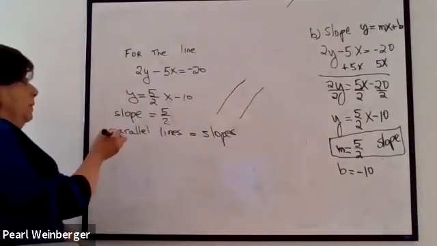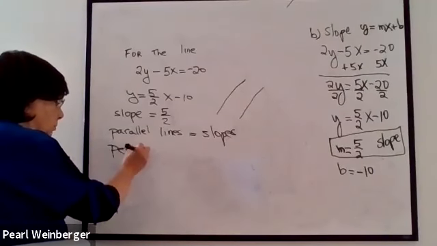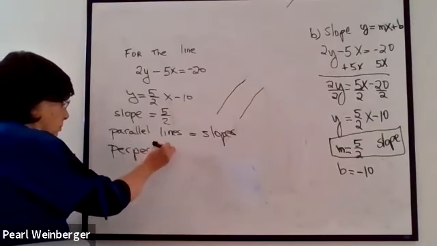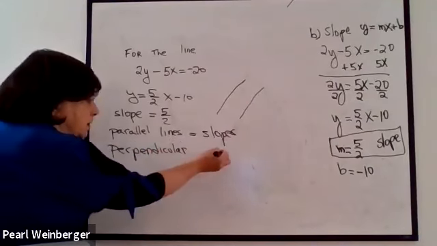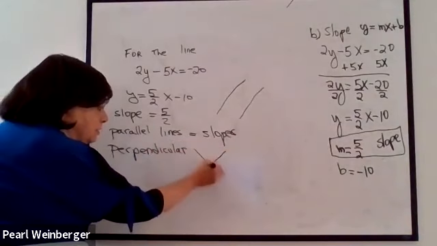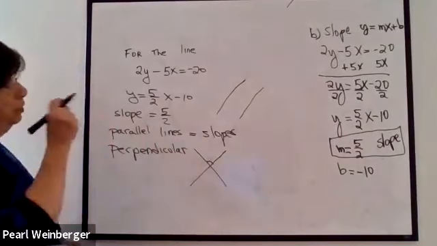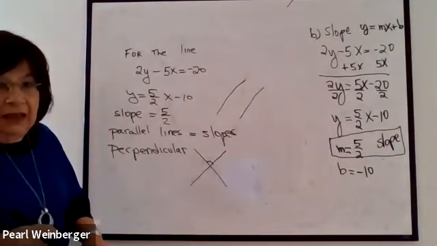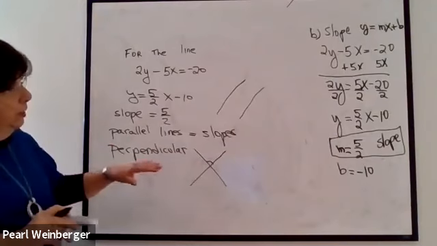We then talked about lines that are perpendicular. Perpendicular lines are lines that cross at what we call right angles. They form square corners where they cross. Right angles are 90-degree angles.